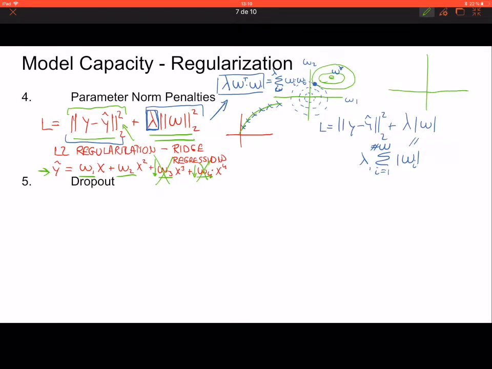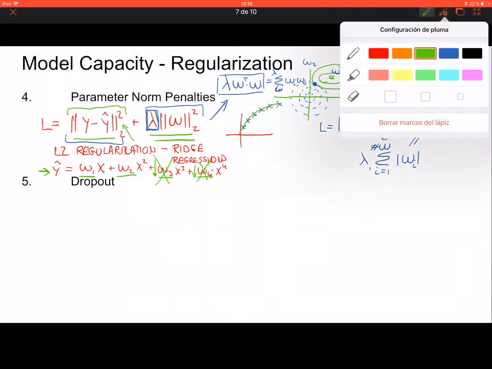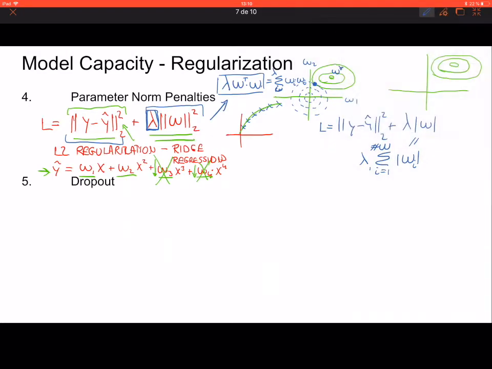my loss still looks like the previous one. My loss still looks like this. But now my regularization term, my penalty, looks like this. So each of the points on these different rotated squares takes the same L1 value.